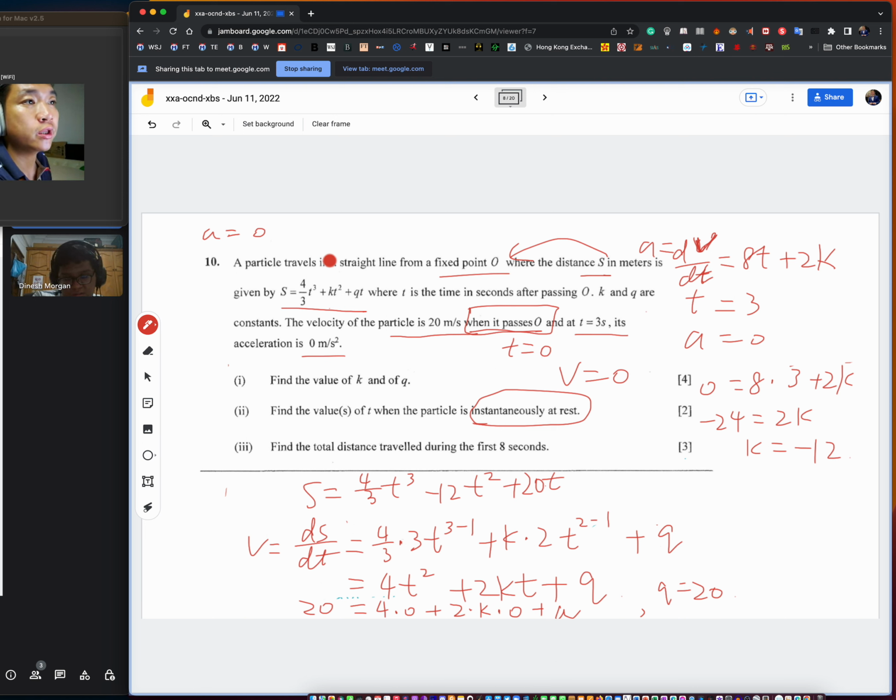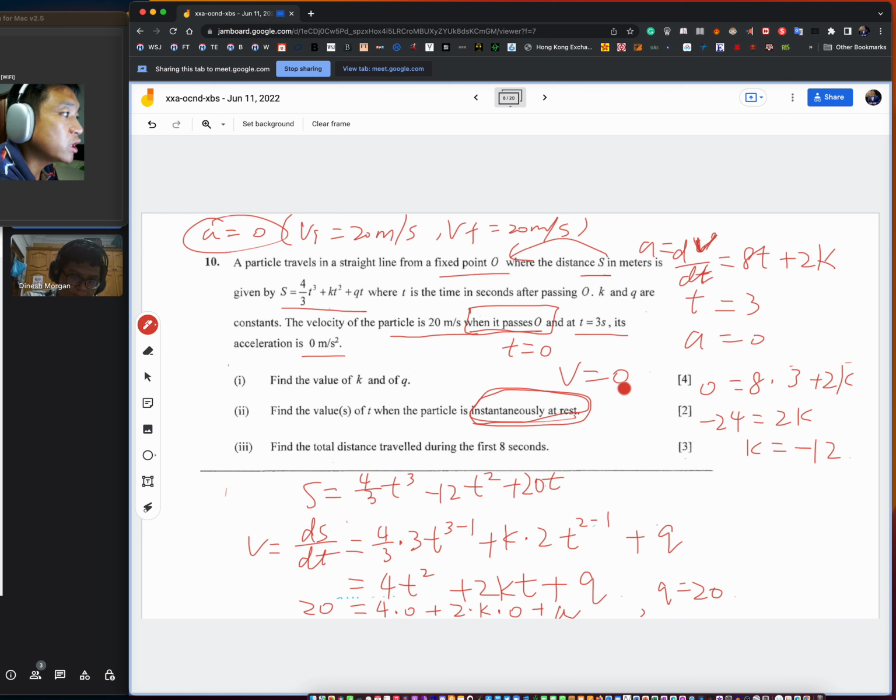It can be 20 meters per second, and then 20 meters per second. There is no change in velocity, but that doesn't mean at rest. The initial velocity can be 20 meters per second, then the final velocity can also be 20 meters per second. So in a way there is no acceleration, but there is velocity. That's the reason why instantaneously at rest is v equals 0.